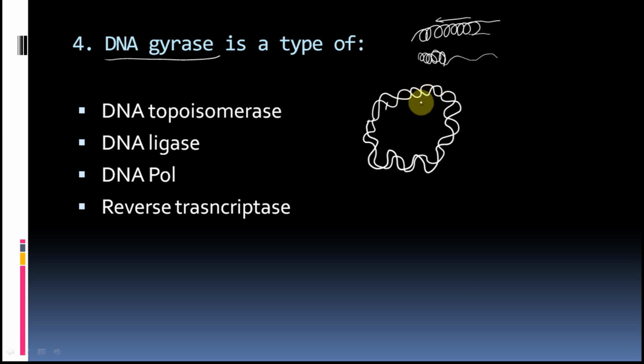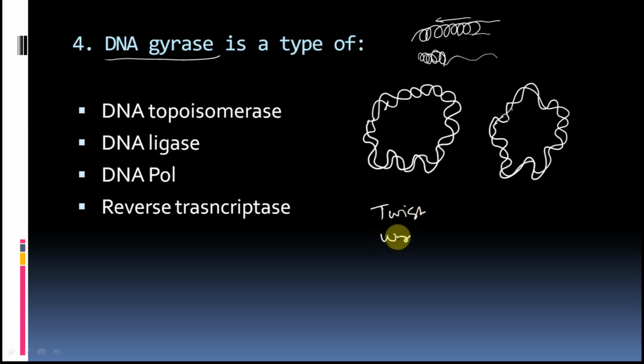In order to avoid the supercoiling and maintain the topology of the DNA, DNA gyrase will cut one of the strands, and then this portion of the DNA can come over from above the other strand and join in again. So it removes that supercoiling and relaxes the DNA, right?